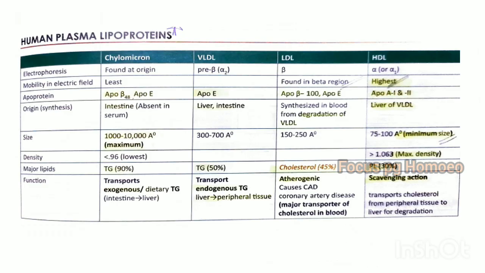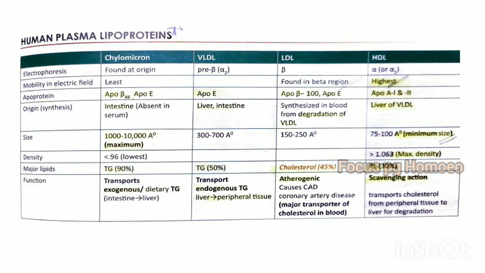Okay, coming to lipoproteins. The different lipoproteins are chylomicrons, VLDL, LDL and HDL: very low density lipoproteins, low density lipoproteins and high density lipoproteins. Mobility in the electric field is least for chylomicrons and highest for high density lipoproteins.